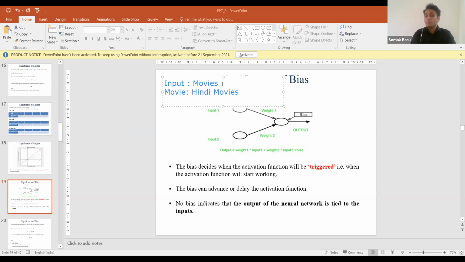There may be some people who will watch any movie that is released. There may be some more people who are a little more selective. If the movie is a Hindi movie, they'll watch it. Otherwise, they won't watch it. Now you can be a little more selective, and say that the movie has their favorite actor.